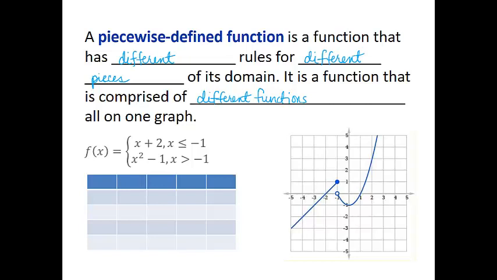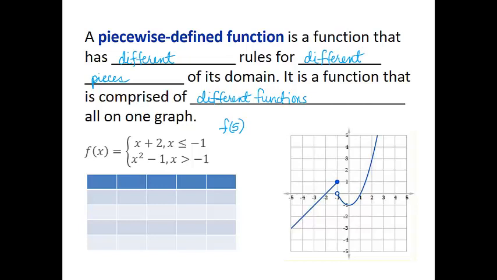Recall our definition of a function. It said for every input there can be only one output. I have a lot of students that, let's say I wanted to find f of 5, for instance, plug 5 into both of those rules. That would give me two output values, which contradicts the definition of a function.